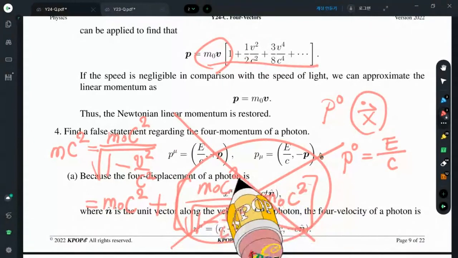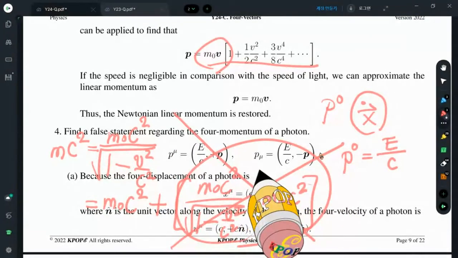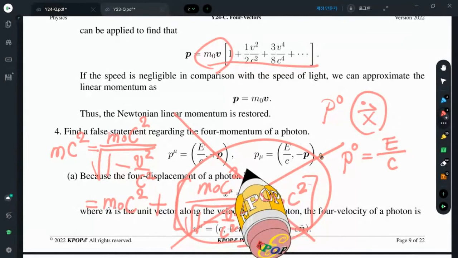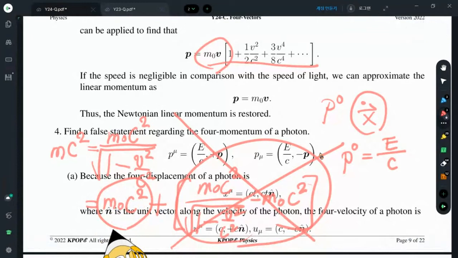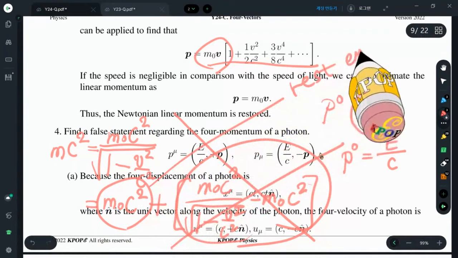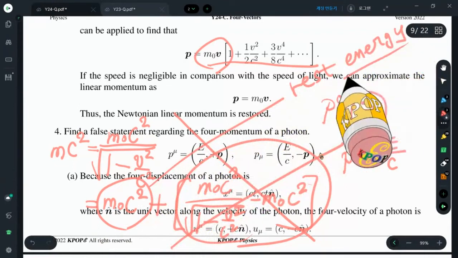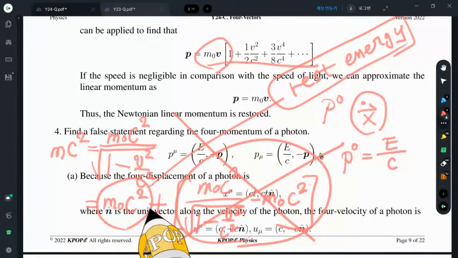However, even if a particle does not move at all and has no kinetic energy, it still has a kind of energy that is called the rest energy. And this rest energy m0 c squared is the source of the atomic power plant and the atomic bomb.